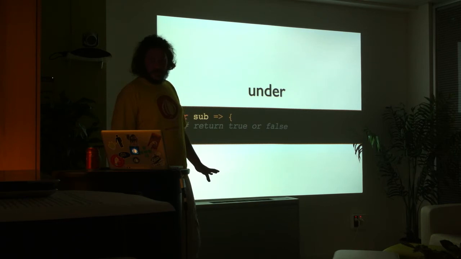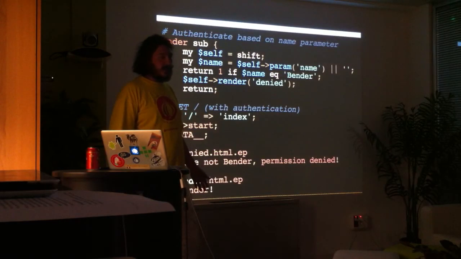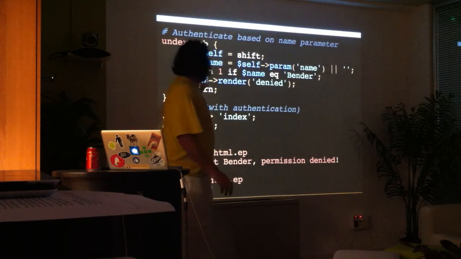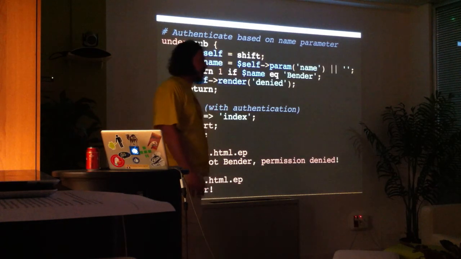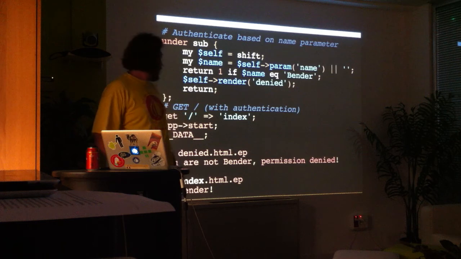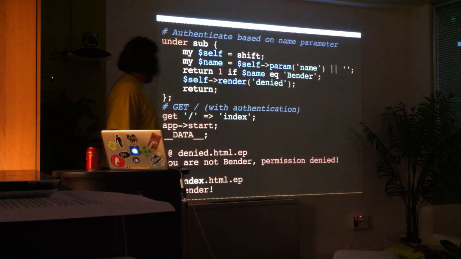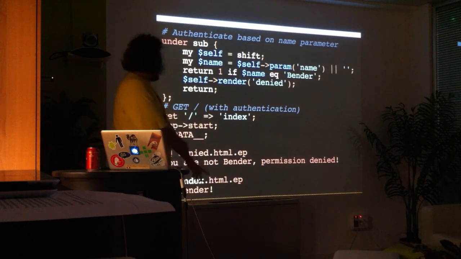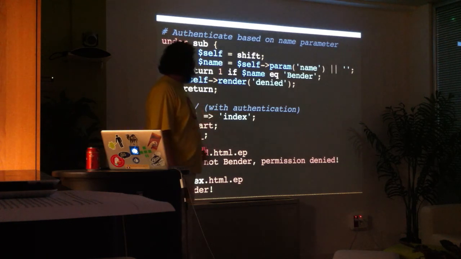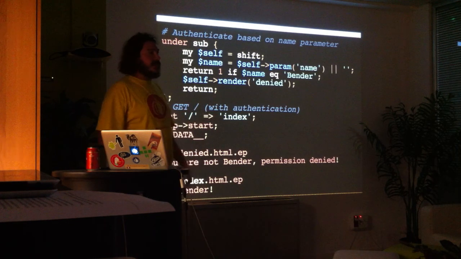So this is quite good for validation, for example. This is a stupid validation: if there is a parameter called name and the name is vendor, okay, you can pass. And then we have the slash, the home page, that only will work if you pass vendor as the name.